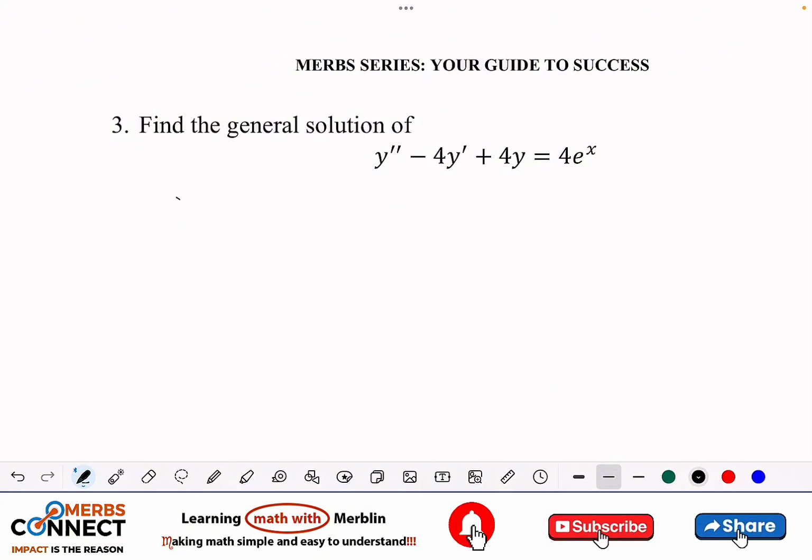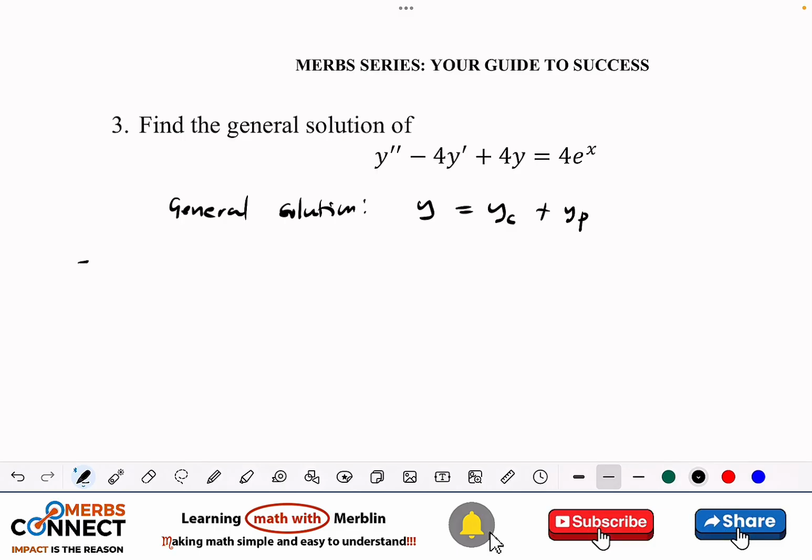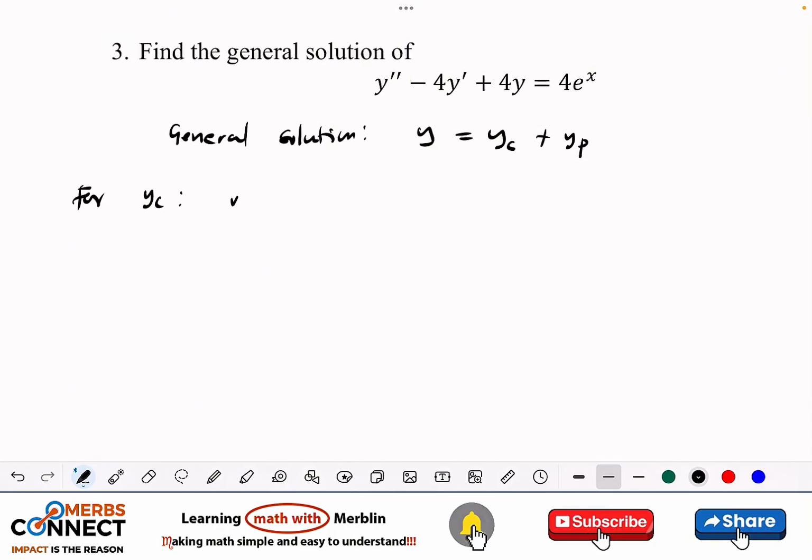So the same thing again, the general solution is y equals yc plus yp. So for yc, we need to consider y prime prime minus 4y prime plus 4y to be equal to 0.